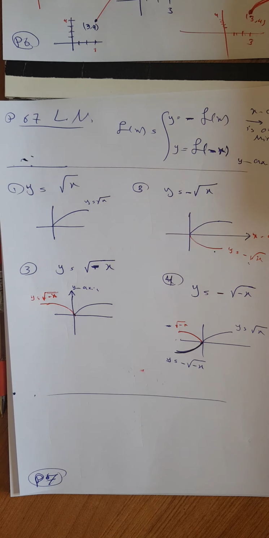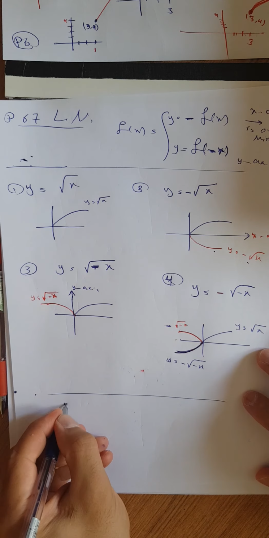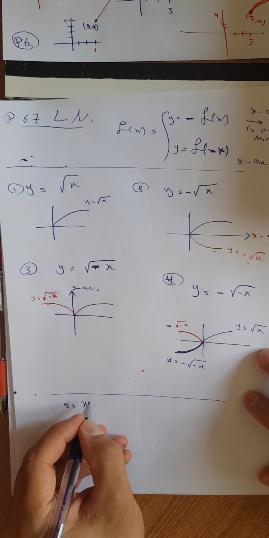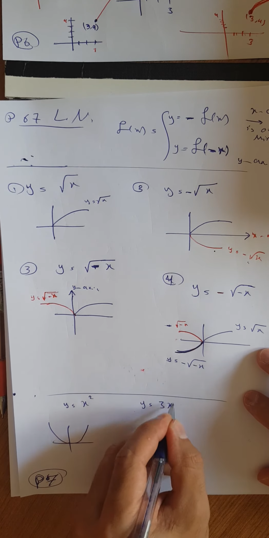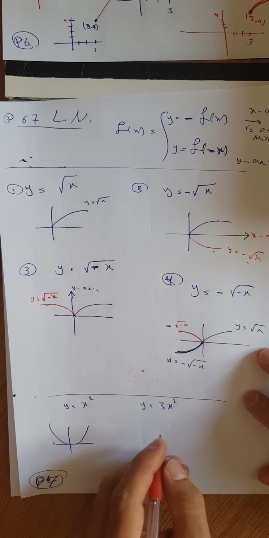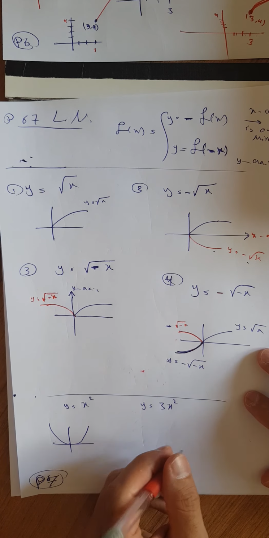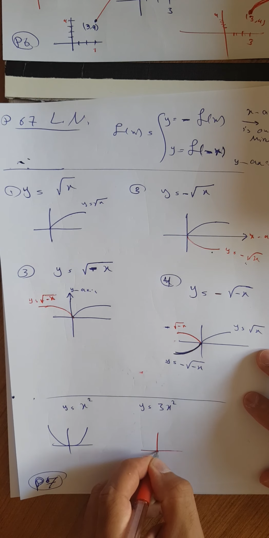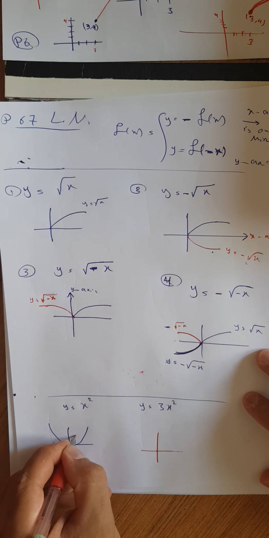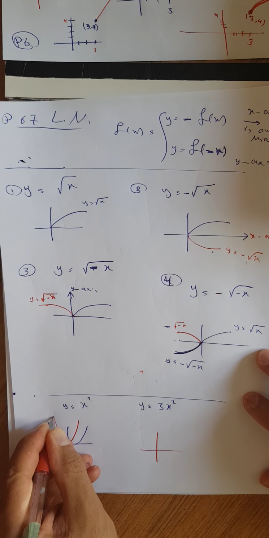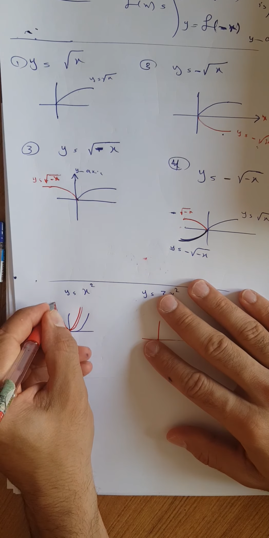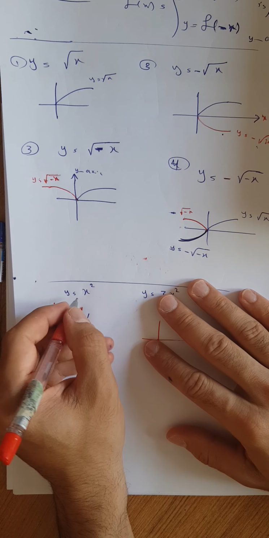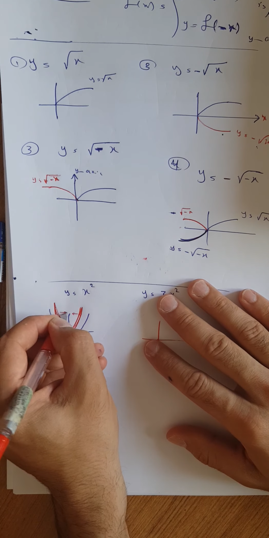When you multiply by 3, for example, you have y equal to x squared. This is the shape. If I say y equal to 3x squared, this means that the graph is stretched toward the y-axis. That's why we call it vertical stretching. It goes nearer to the y-axis.